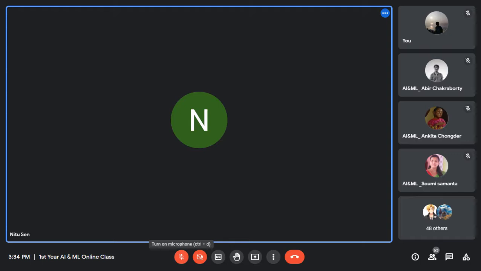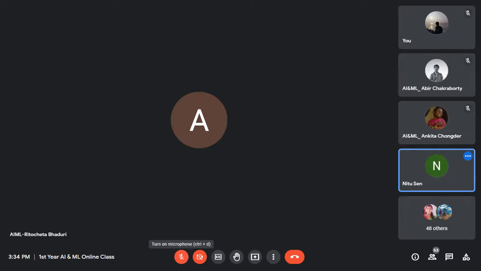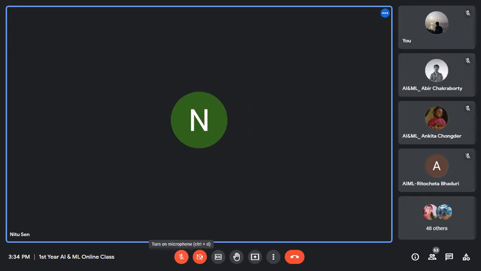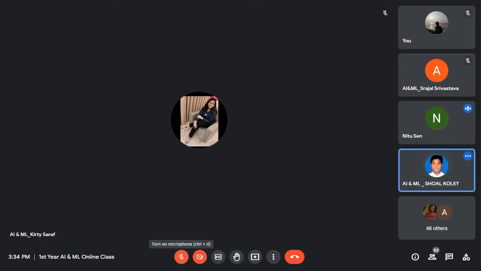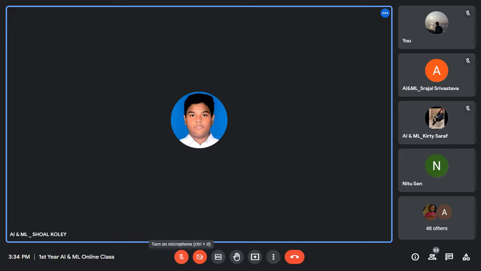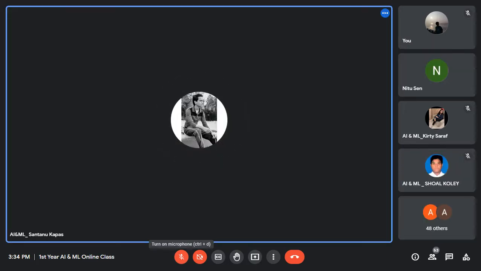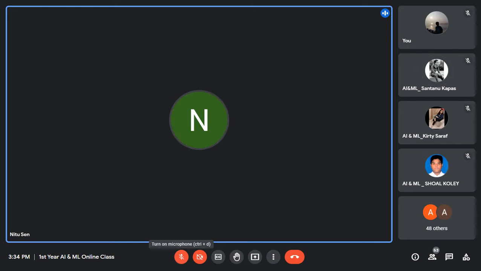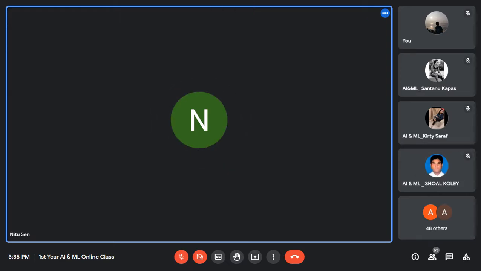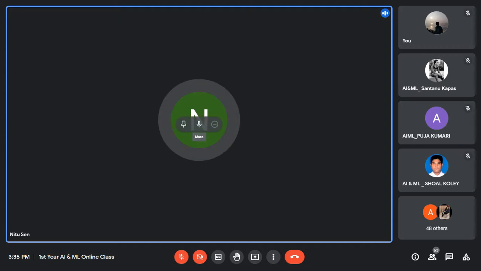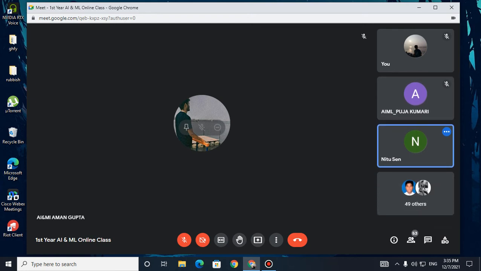Shagnik Mukherjee, absent. Pooja Kumari, Aman Gupta, present.